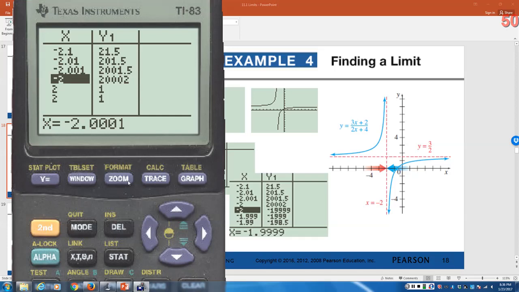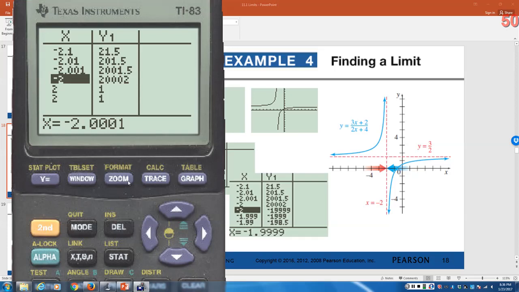What's happening to y? Is it getting closer and closer to something? Infinity. Yeah, it's getting bigger and bigger and bigger.